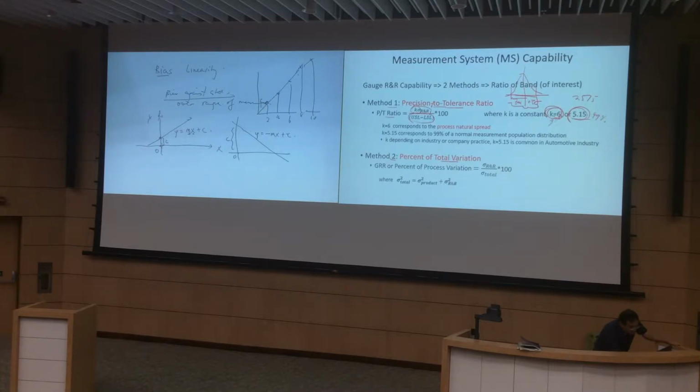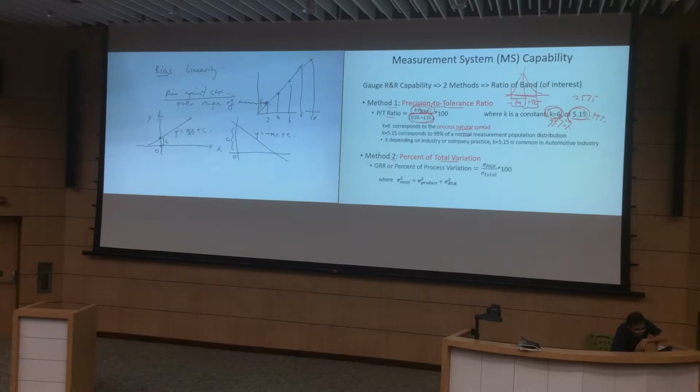This is 99.73%. Right? Okay? So this is basically saying how much error is due to the repeatability and reproducibility in relationship to tolerance.